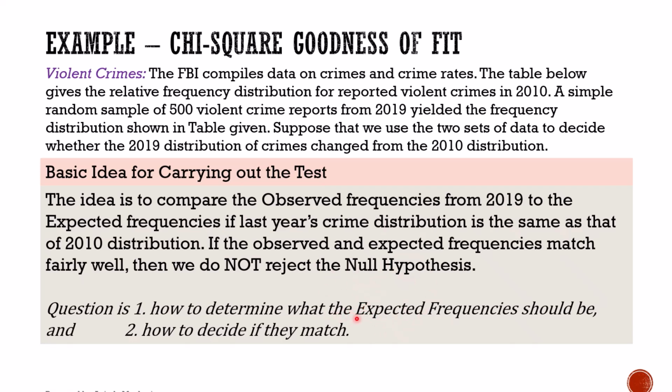And then secondly, we have to decide if they match or not, or if they are different. And for that, we will be using our test statistic formula to decide on that by comparing the observed and expected frequencies and how much they are disparate from each other, how much they are off from each other.